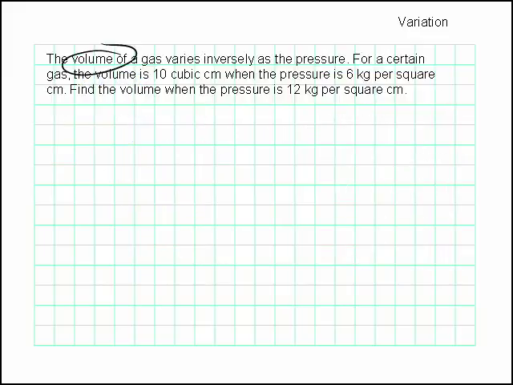Volume varies inversely. So V for volume varies inversely means k divided by, if you recall, inverse variation. Varies inversely with pressure, so I'll use P for pressure. So our equation is V equals k over P. I'm now going to find k by plugging in the extra information. When the volume is 10, the pressure is 6.